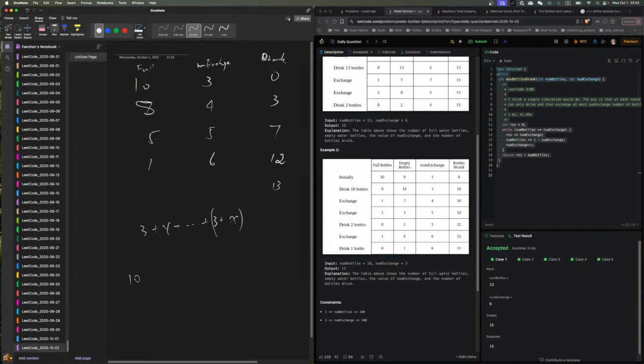So eventually, at the end, it will be plus X. There's the first exchange, second exchange, third exchange, right?